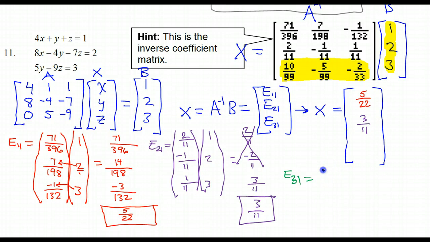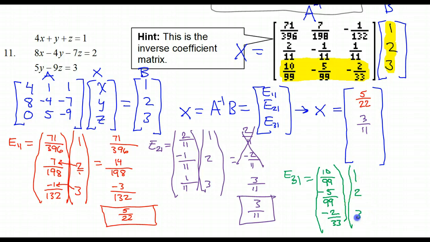So that's going to be 10 over 99 and negative 5 over 99 and negative 2 over 33. Alright, and that's going to be multiplied by 1, 2, and 3. Okay, because that's column 1.